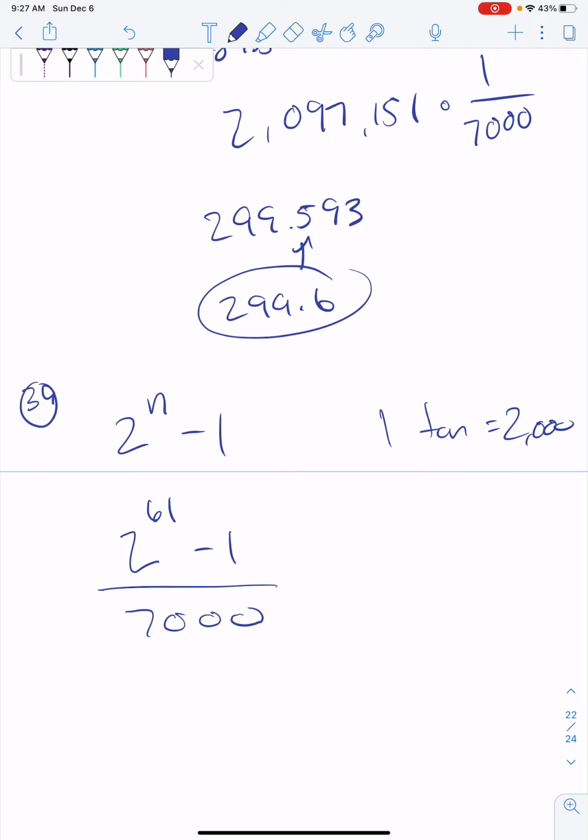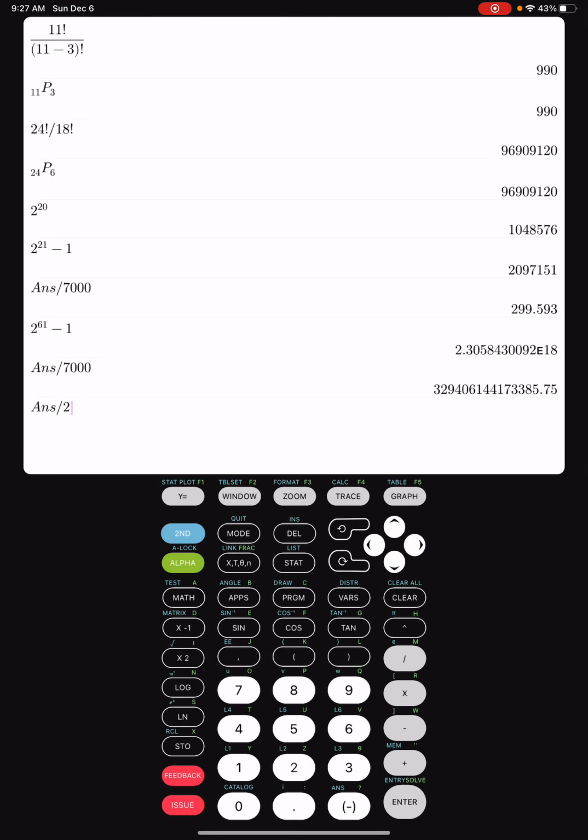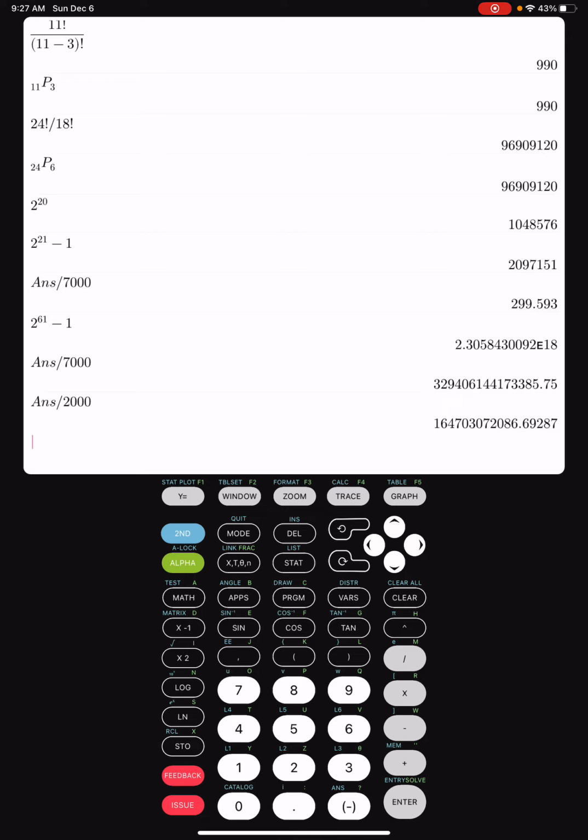So now to turn it into tons, I'm going to divide by 2,000. And I get a great big number. 1,647,03,07,20,86 point blah, blah, blah.